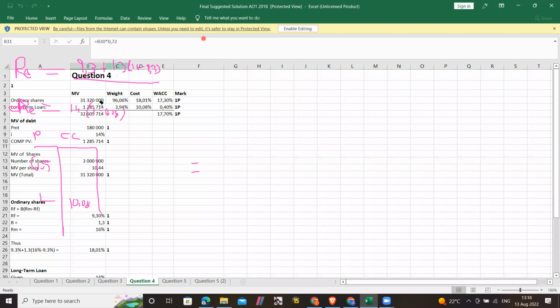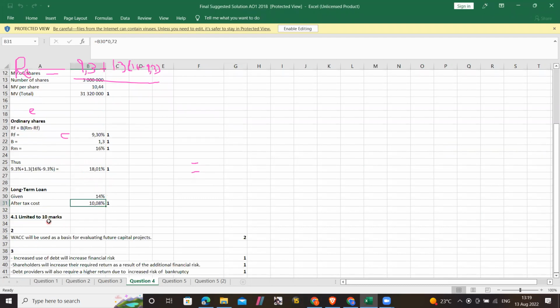As you can see here, they use the CAPM, the same values that we got. You see the 1.3 for the beta, 1.6 for the risk-free, the same formula, and then the loan is 10.8.